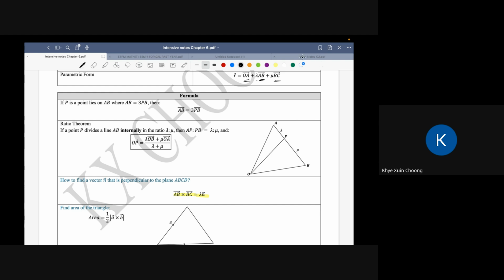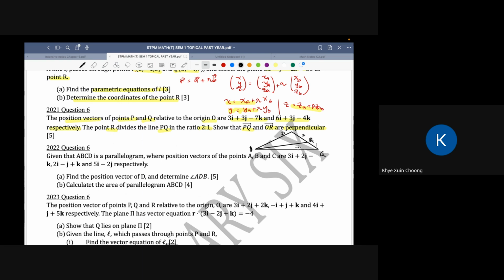Let's say you manage to find OR. So when you manage to find OR, show that PQ and OR are perpendicular. Actually, it's very easy because you have P, you have Q. Definitely, you can find PQ, right? So PQ is actually equal to PO plus OQ.